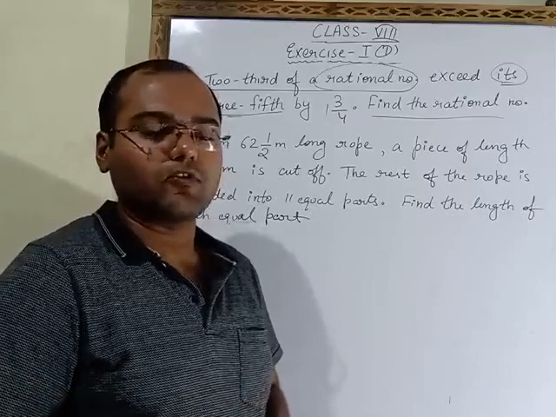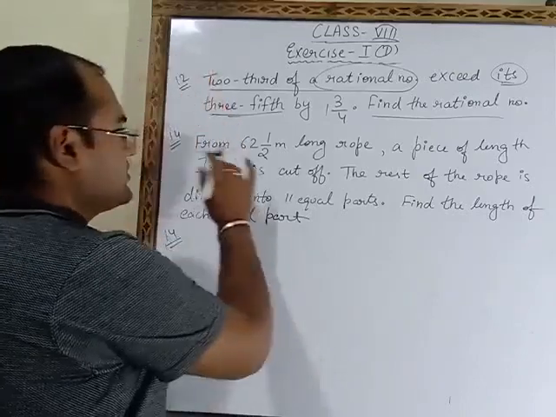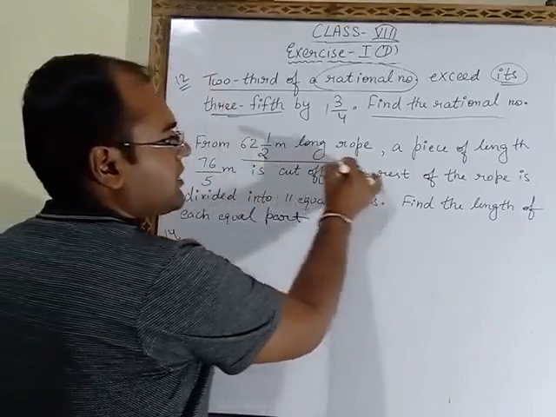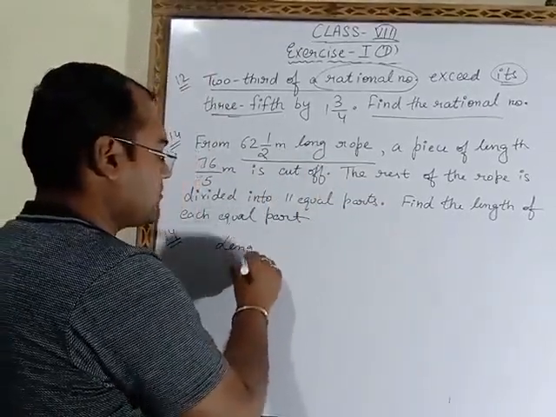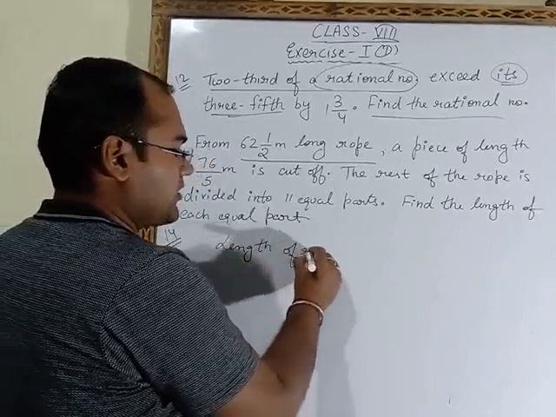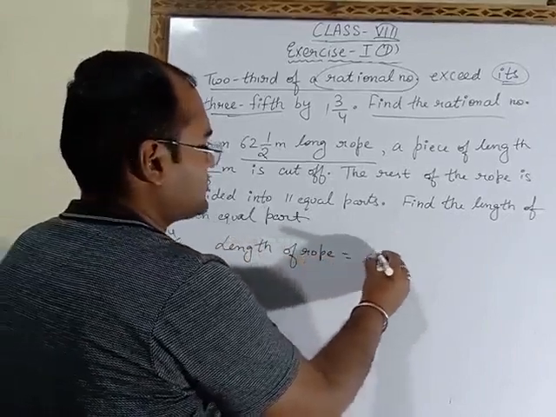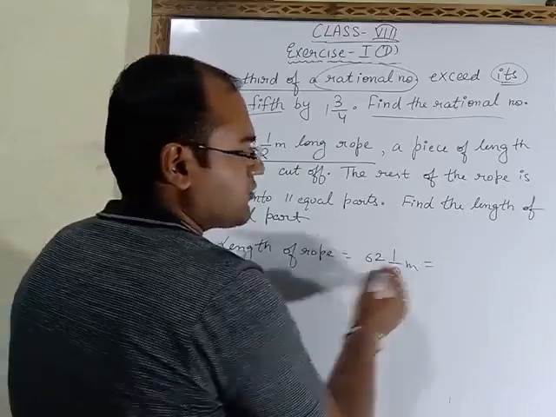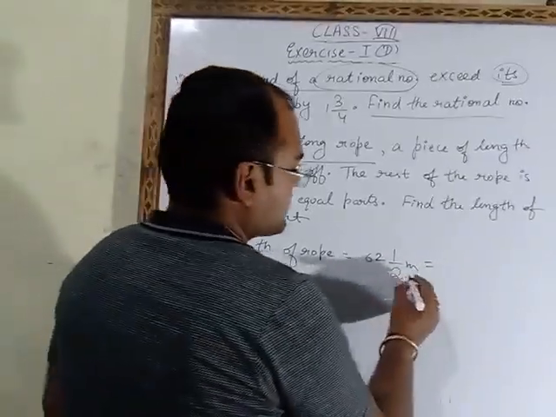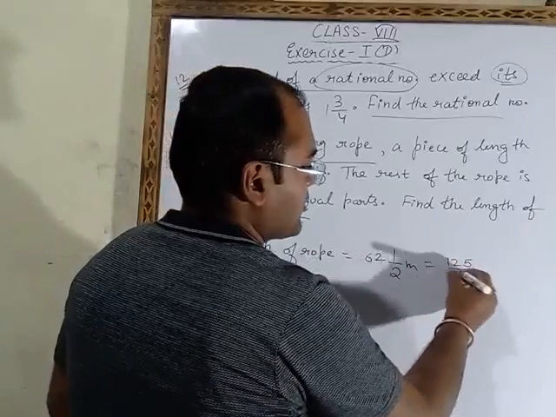Now see question number 14. The question is about a rope, and the length of the rope is given here: 62 whole 1 upon 2 meter. Now we will change this mixed fraction into an improper fraction. So this will become 125 upon 2 meter.